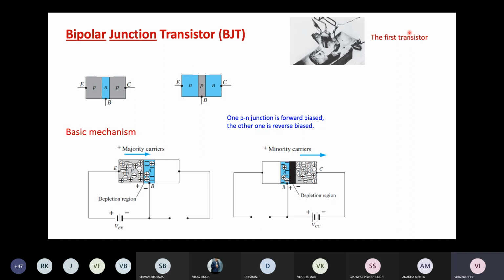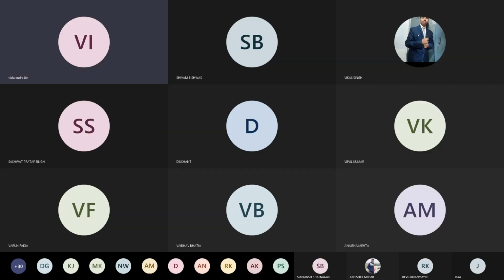Okay, is this clear or do you want more elaboration on this? It's clear. So I would recommend you to go through the basic mechanism of BJTs and also the MOSFETs.